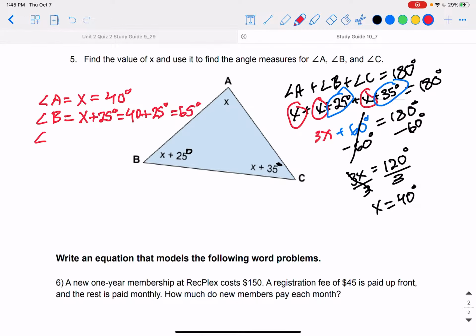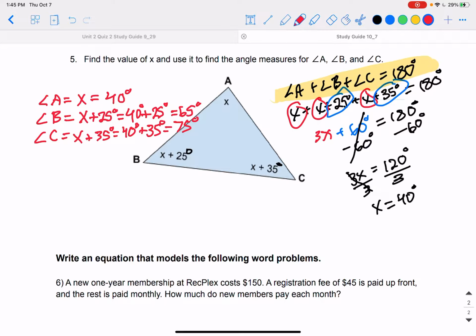And then angle C, we know equals x plus 35 degrees. Plug in 40 for x. And that's 75 degrees. Okay, so the original fact was that A plus B plus C gives you 180.